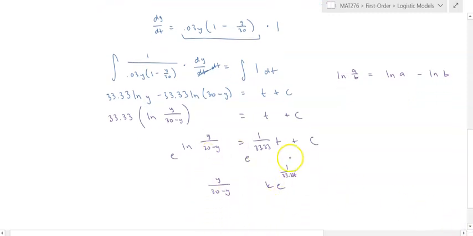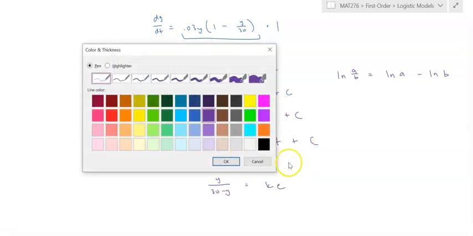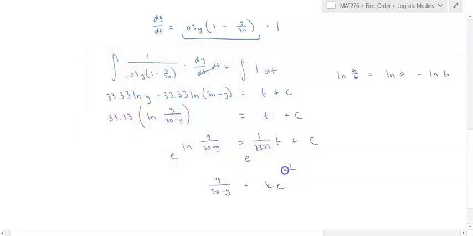I'll leave it here, but what I wanted you to really see is that, oops, I put the t in the wrong place here. So I will fix that. 1 over 33.33 times t. And so notice that we still do get an exponential function, where 1 over 33.33 is actually 0.03.